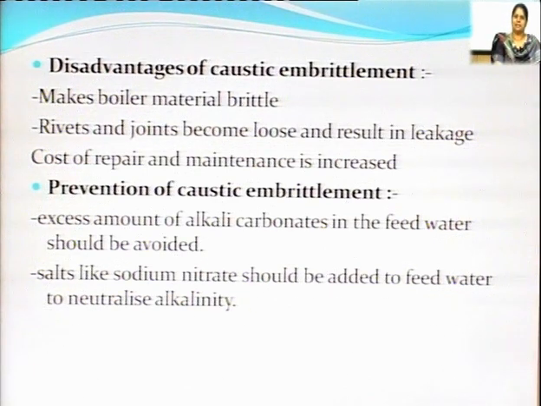Due to this caustic embrittlement, the boiler material becomes brittle. As such, the rivets and joints become loose and result in leakage, and the cost of repair and maintenance is increased. Now, prevention of caustic embrittlement is by removal of the causes of caustic embrittlement, meaning the excess amount of alkali carbonates in the feed water should be avoided, and salts like sodium nitrate should be added to feed water in order to neutralize alkalinity.